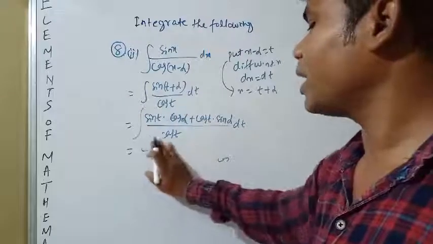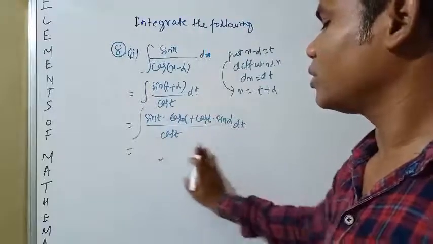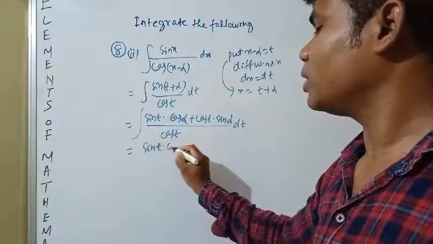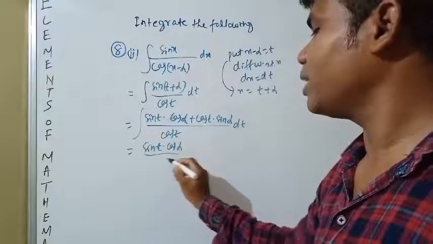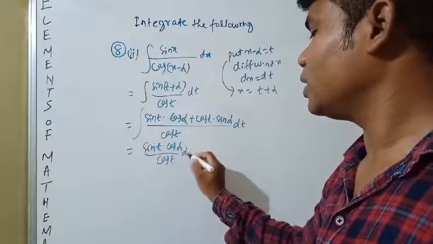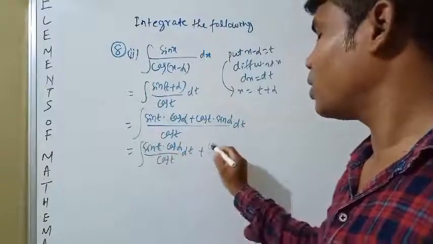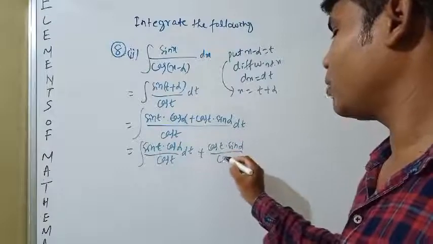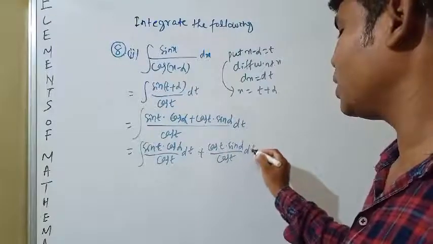Otherwise you write one line extra: sin t into cos t, cos alpha by cos t dt, plus cos t into sin alpha by cos t dt.